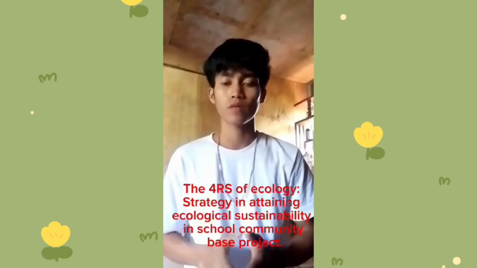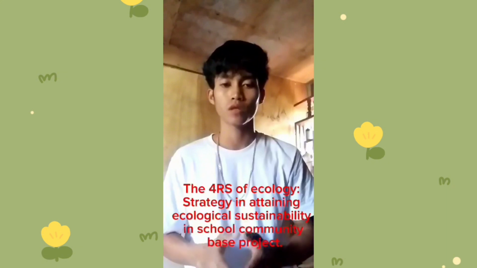My discussion for today is about the four areas of ecology strategy in attaining ecological sustainability in school community-based projects. School communities can suffer from the same pollution problems as homes. School community administrators have many needs to attend to, but in spite of this, you must be able to green up the environment by sponsoring and supporting the cleaning, greening, and beautifying program.